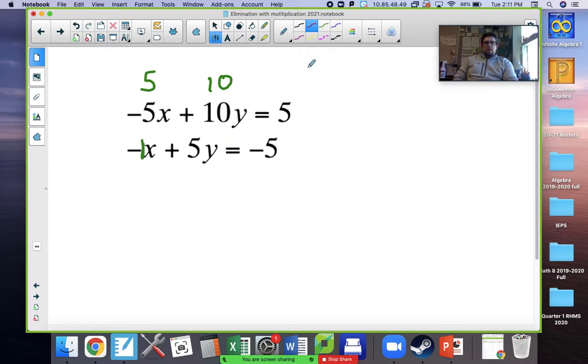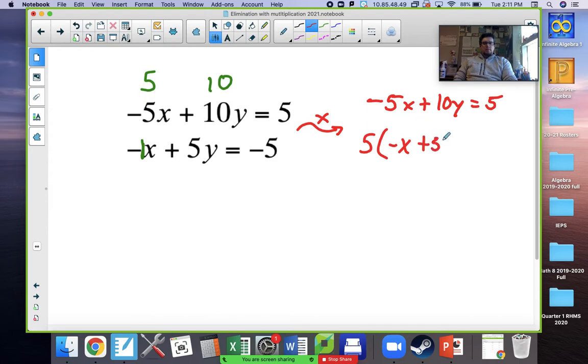So if you think that you want to get the x's to be the same, that top equation you're not going to multiply, but you're going to multiply the bottom equation by 5. Maybe you think that the y's are going to be easier.